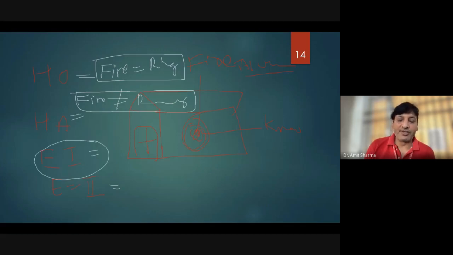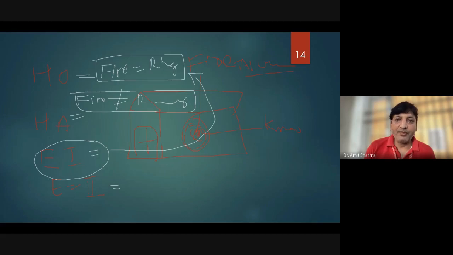For what purpose has the alarm been fixed in that particular house? That was not working. The purpose was not fulfilled. Whenever the house catches fire, the alarm should ring. So in one day, what has happened?